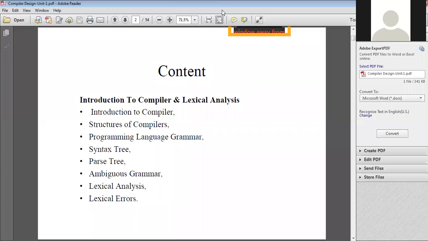Interpreters are also able to convert high level language into the machine language. What does a compiler convert? A complete program, the whole program, completely at a time. But an interpreter converts high level language into the machine language line by line.